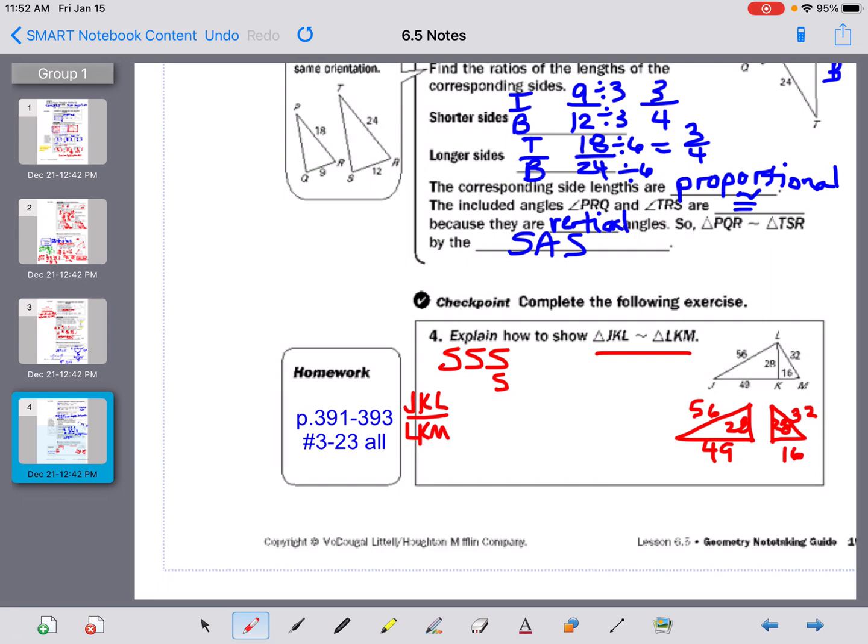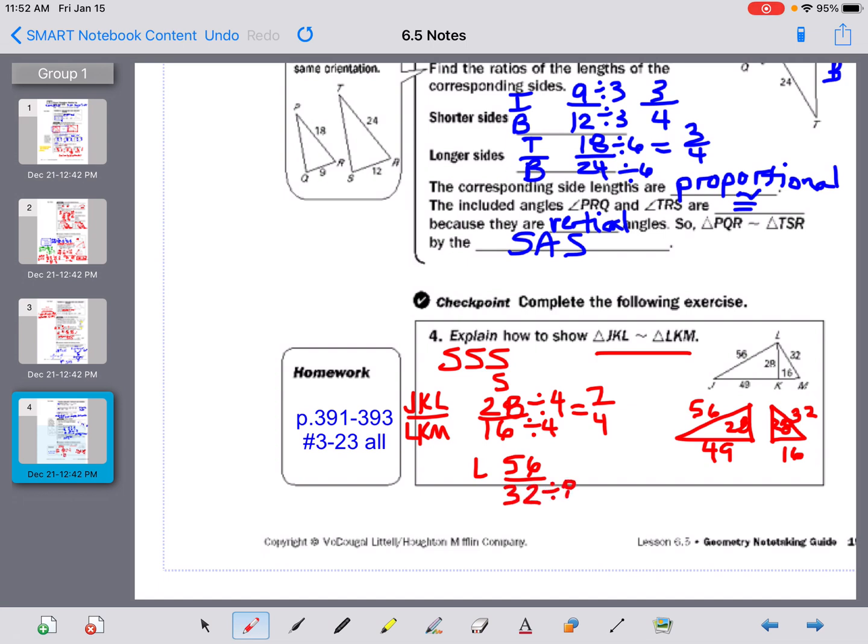The shortest side on JKL on the left is 28. The shortest side on LKM on the right is 16. I can reduce both by 4, and I get 7 over 4. Okay, let's go longest side. The longest side on JKL is 56, and the longest side on LKM is 32.